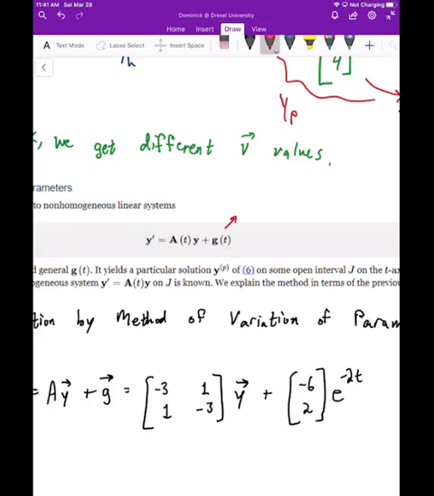Because before we had that G was a constant, or a power of e or a quadratic or something like that. But here we're assuming a general G of t. And now your A is no longer a coefficient matrix, but it is dependent on t, potentially.